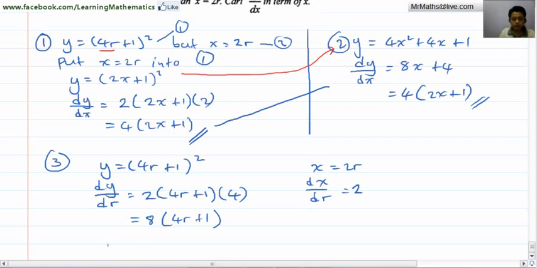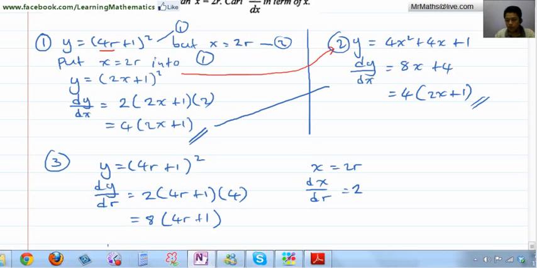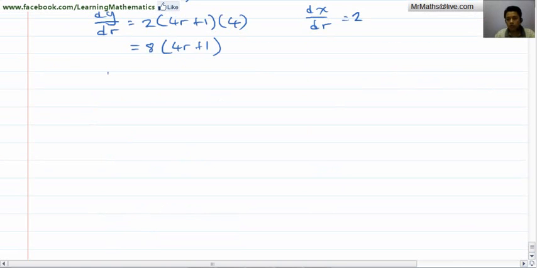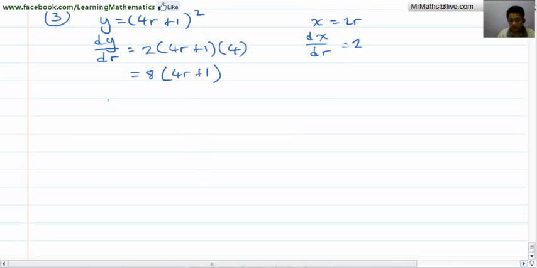Then, push down so that I have more space. Then dy/dx is equal to dy/dr multiplied by dr/dx. Why do I do this?